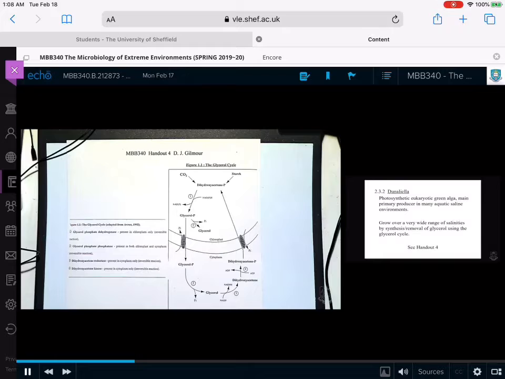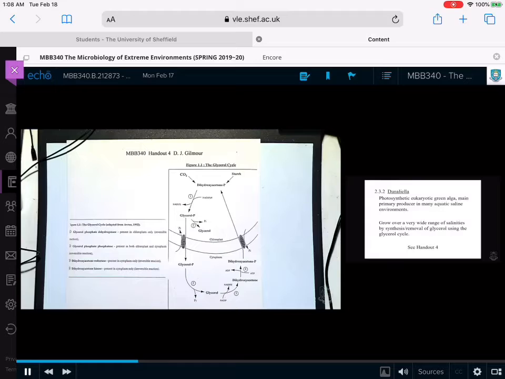So there's only 4 enzymes involved in the glycerol cycle, 2 that switch the glycerol synthesis on, and 2 that degrade glycerol back to DHAP, and then it can actually go back to starch as a storage product. If the cells are then in low salinity for a significant length of time, then they'll just start to accumulate starch again. So it's a really neat system.